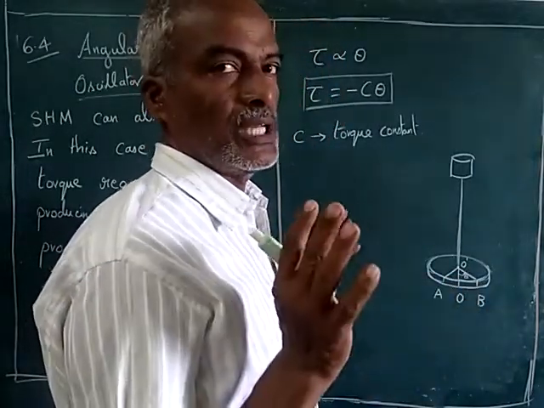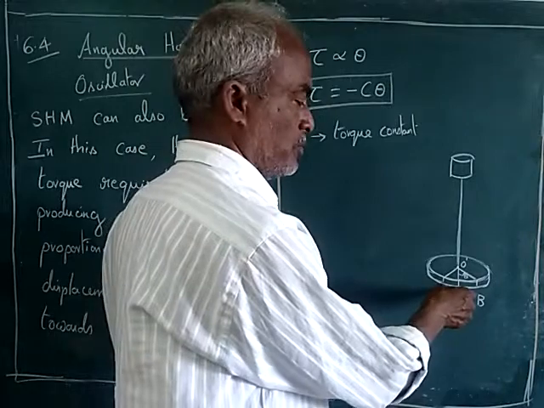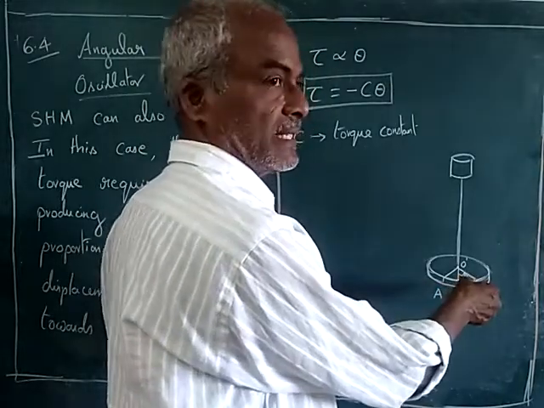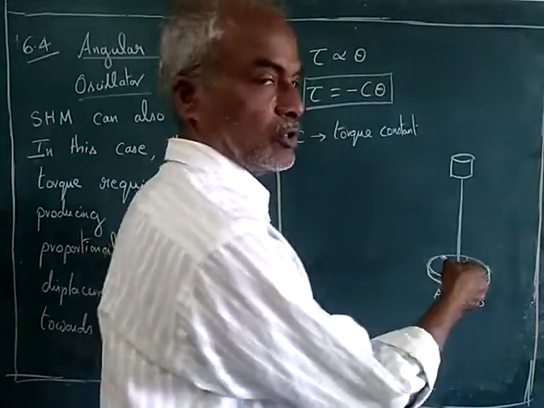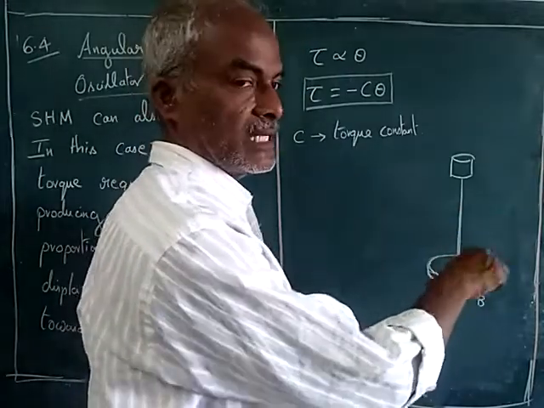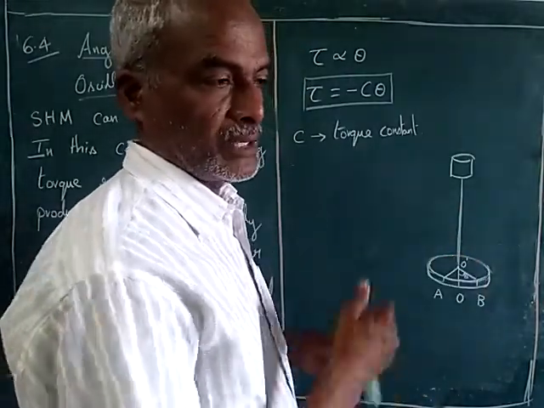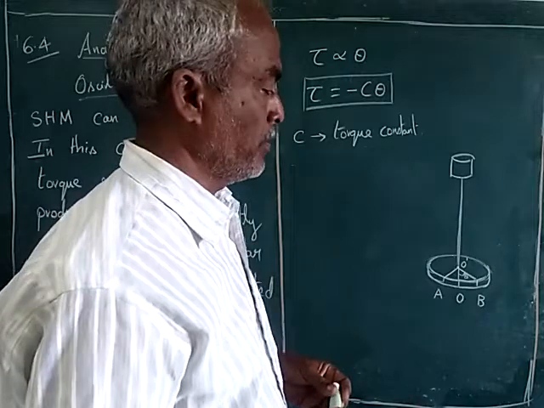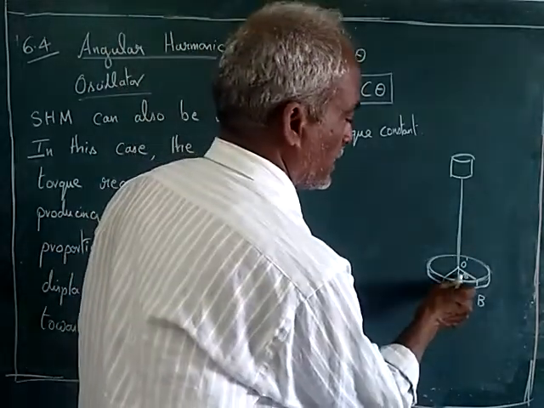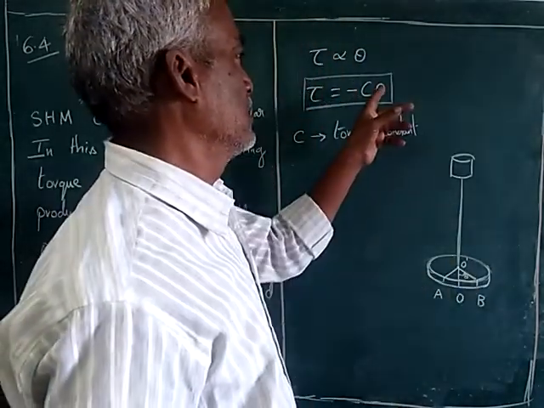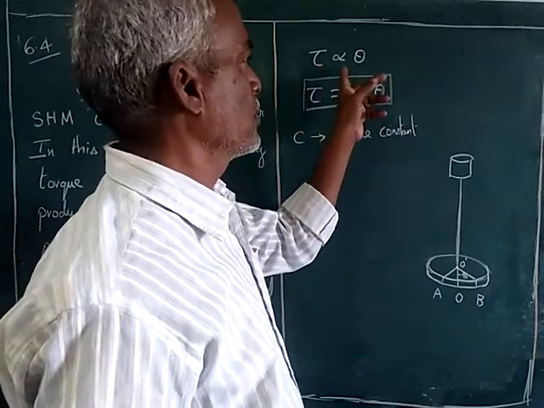If you release your hand, it will come to the mean position, and because of the force exerted, it will go to the opposite side and start swinging, twisting around A and B. So this is the angle theta, and torque is directly proportional to theta.